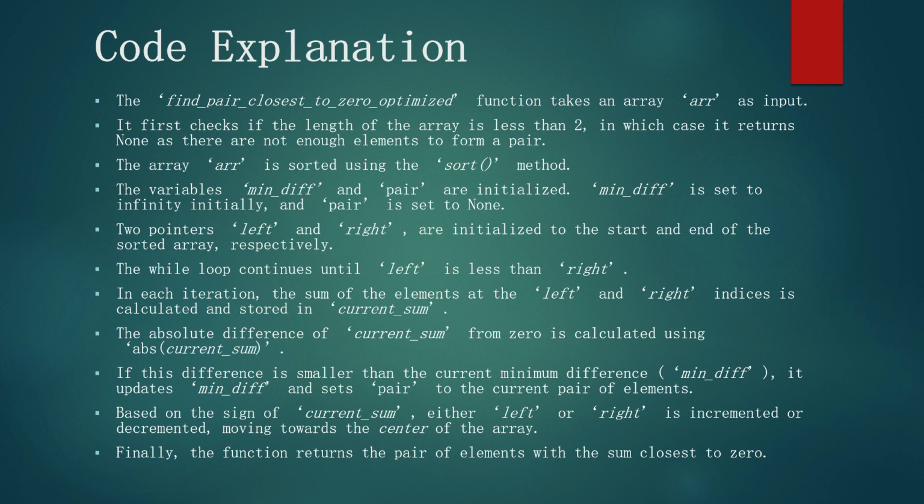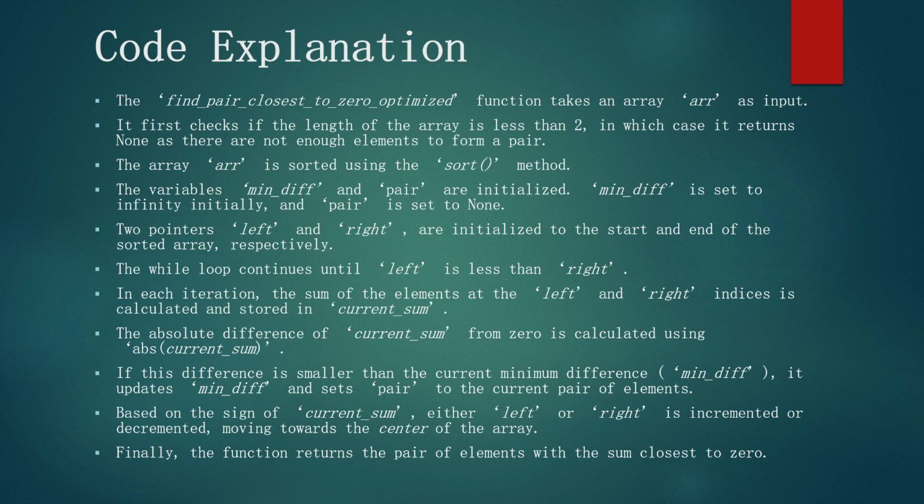In each iteration, the sum of the elements at the left and right indices is calculated and stored in current sum. The absolute difference of current sum from 0 is calculated using abs(current sum).